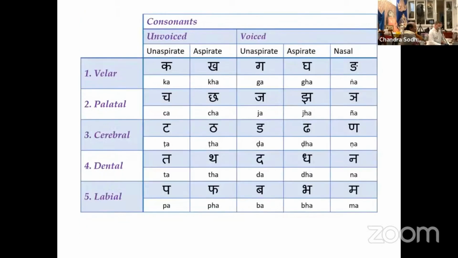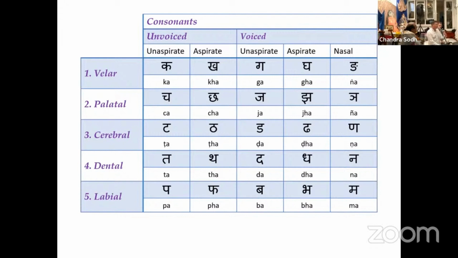Okay, so with regards to consonants, we have 5 different groups of consonants based on their formation. So the first group is called the velars because with the tongue we are actually touching the palatum velum or the soft palate, and these are ka, kha, ga, gha, nga.